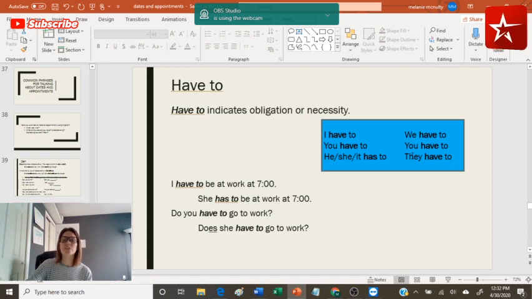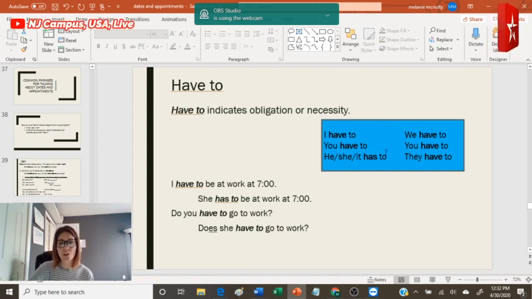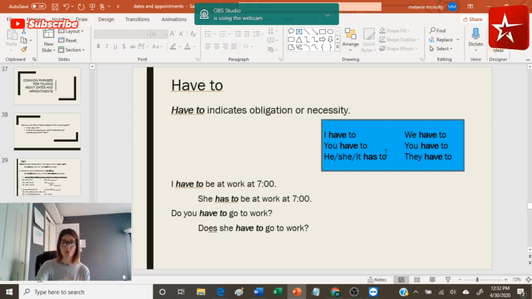I put the verb paradigm here so that you can see the conjugation on your screen. I have to, we have to, you have to, you all have to, he, she, or it has to, they have to.